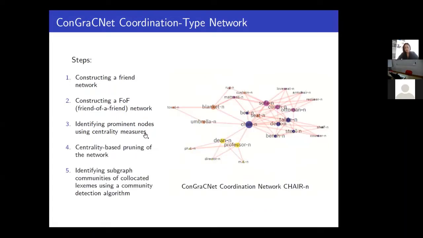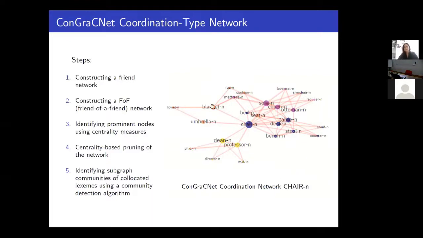And then we clean up the graph a little bit by pruning the less important nodes, in order to clear up the meaning so that it becomes more transparent. And then we apply some community detection algorithm, so that is represented in different colors.